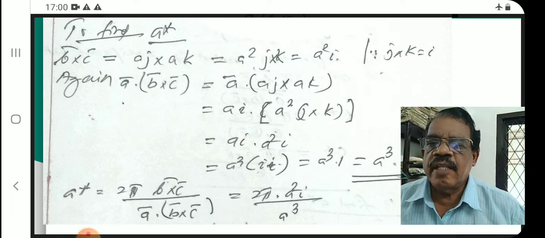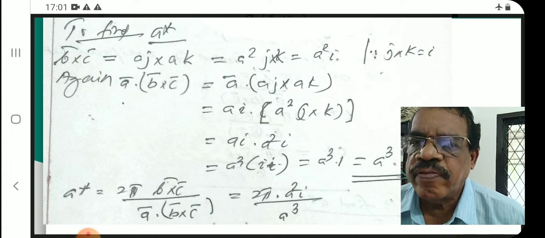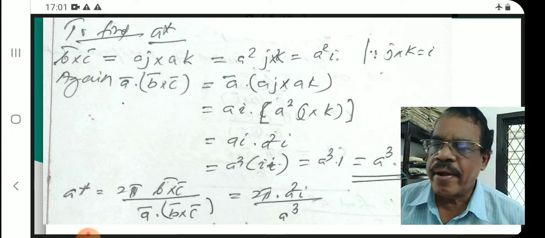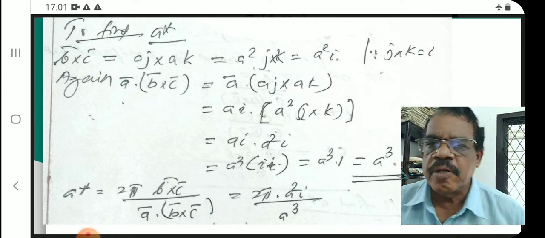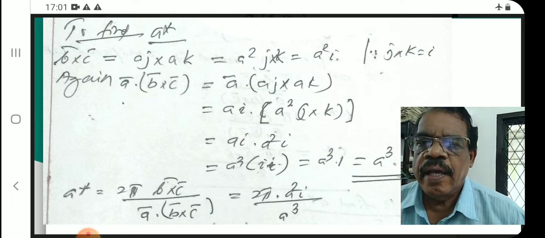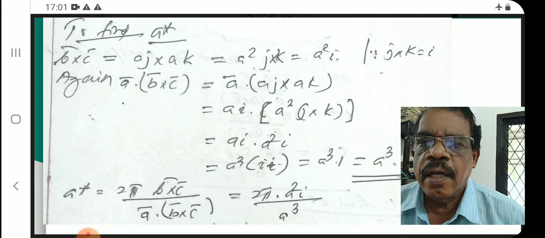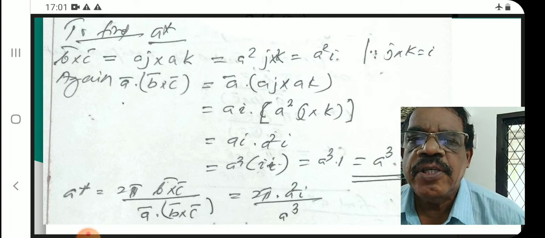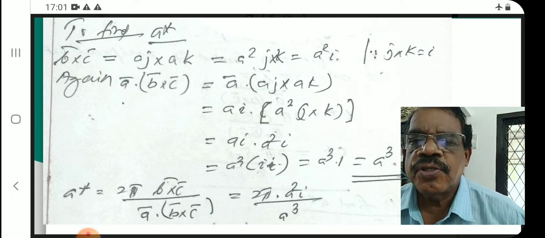Again, we find the box product of the three vectors, a dot b cross c. The scalar triple product a dot b cross c is equal to a vector dot b cross c, that is ai dot aj cross ak. We have determined aj cross ak which is a square i.